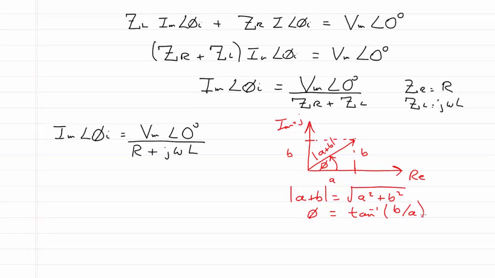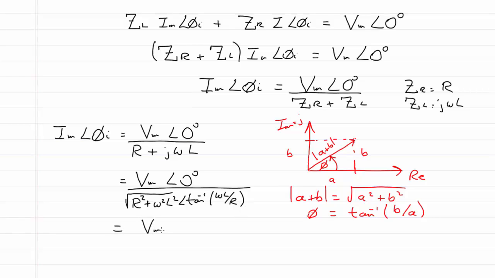Using what we know there, we can rewrite this as Vm at angle 0, that hasn't changed, divided now by the square root of R squared plus omega squared L squared at an angle of tan to the minus 1 of omega L over R. Now I can find the magnitude as Vm divided by the square root of R squared plus omega squared L squared, all at an angle.